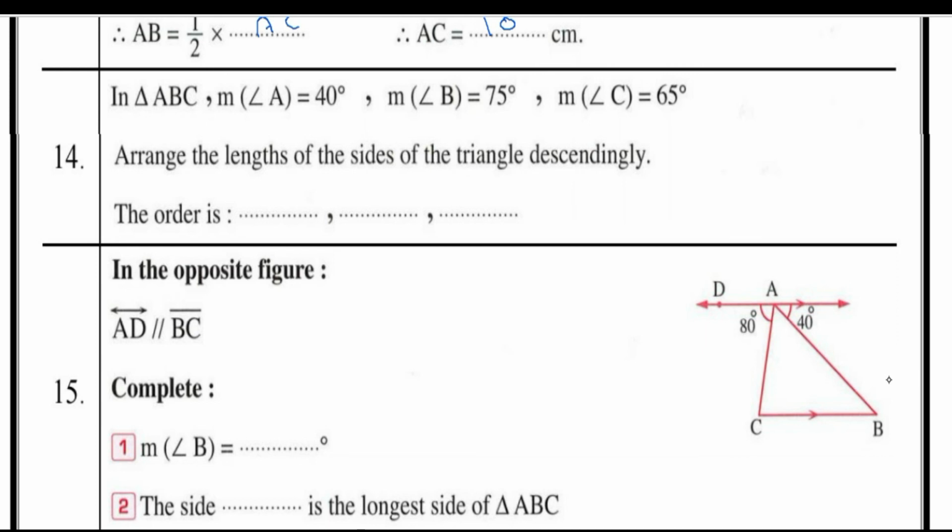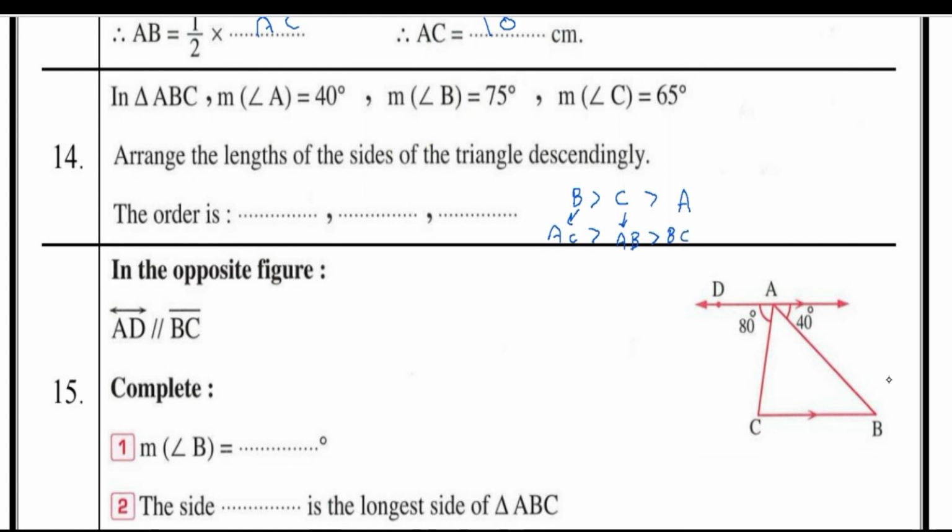The greatest angle is B, greater than angle C, greater than angle A. The opposite side of B is AC, greater than the opposite side of C, which is AB, greater than the opposite side of A, which is BC. So the order is: the greatest side AC, then AB, then BC. This is the greatest side and this is the smallest side.